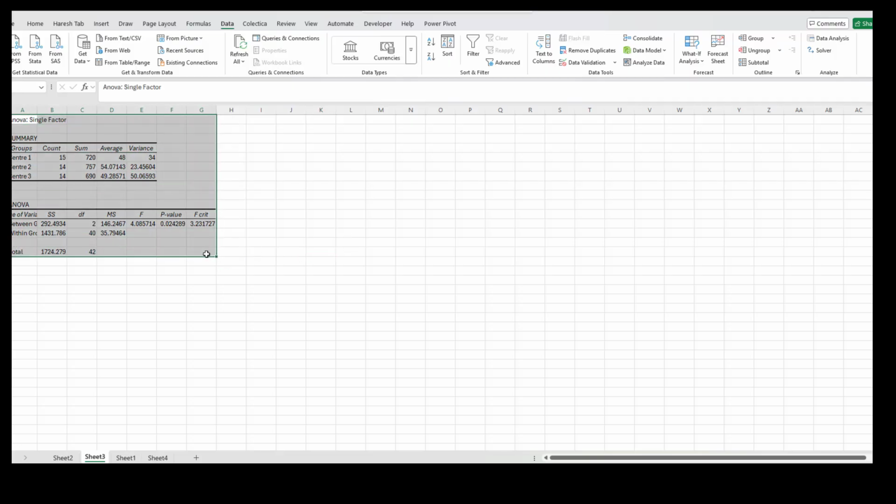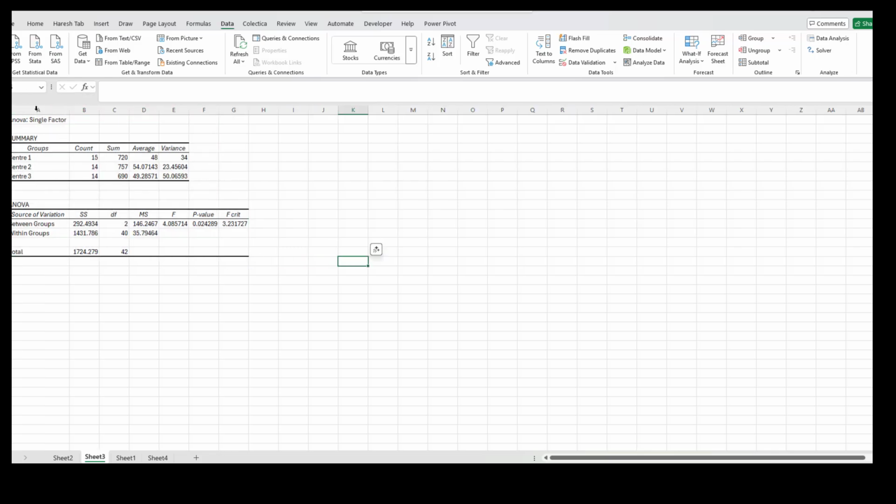So it's so simple. You will see that you have got the same sums of squares, 292 and 1431, which we calculated, and we also got the F critical and F table values, and clearly the p value is 0.02.